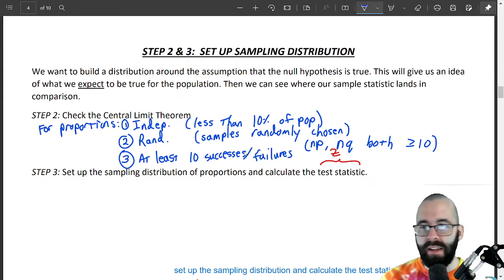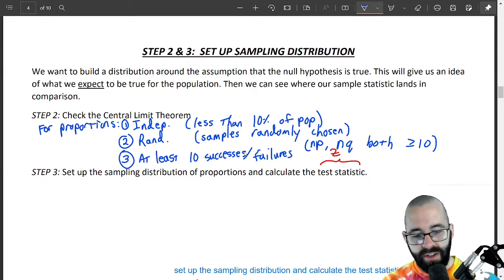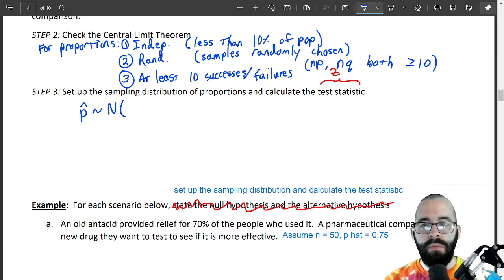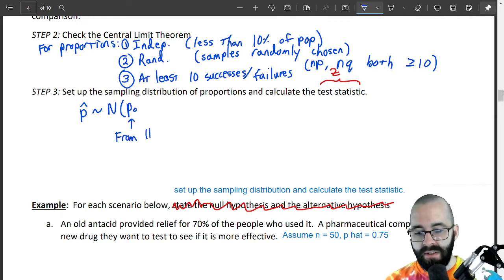So step 3 said, set up the sampling distribution of proportions and calculate the test statistic. Sampling distribution of proportions is normally distributed with mean p. We don't know p. We're assuming p to be that p naught, that number we're assuming from the null hypothesis.